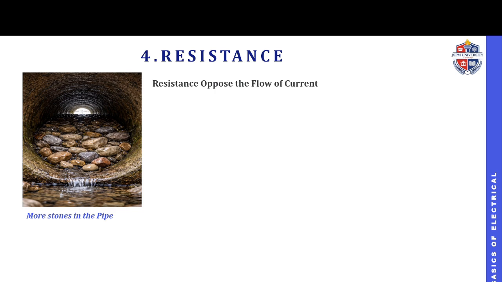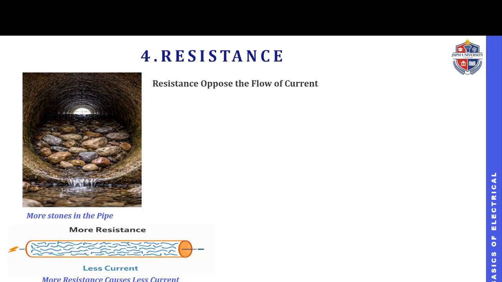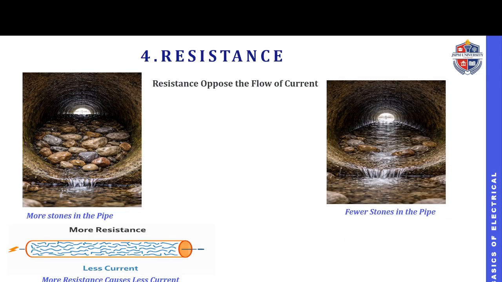Similarly, in conductors, when the resistance increases, it will oppose or resist the flow of current, so automatically the current flow will be reduced. In the other case, when in the same pipe the stones are reduced, the water will not have much resistance to flow.